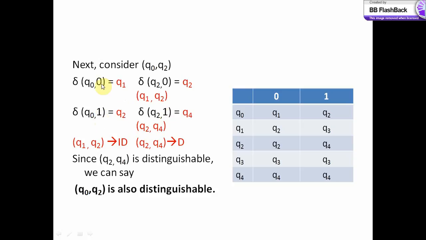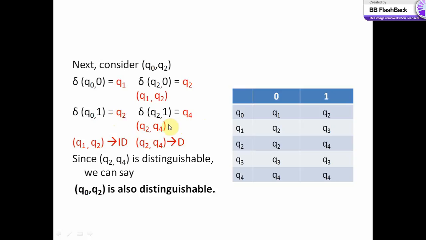When we apply 0 to states Q0 and Q2, we get Q1 and Q2 from the transition table. So Q0 on 0 is Q1 and Q2 on 0 is Q2. So we are getting Q1, Q2. Similarly, when we apply input 1, we get Q2 and Q4.